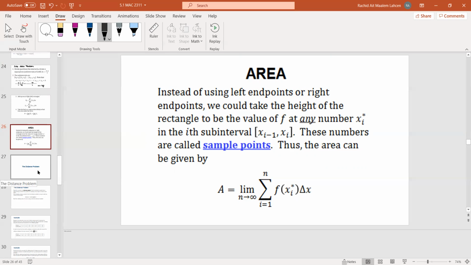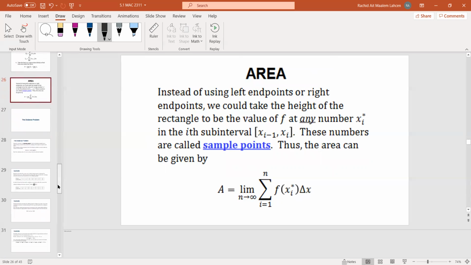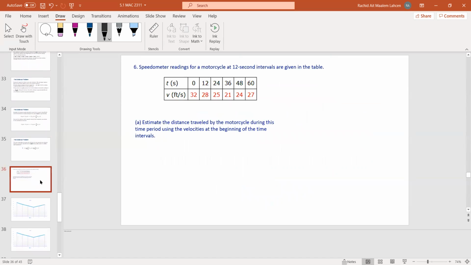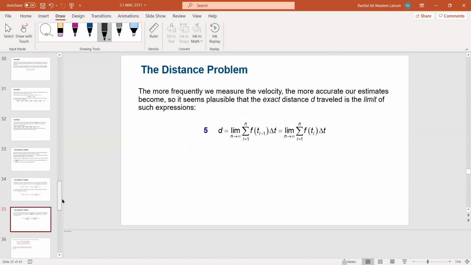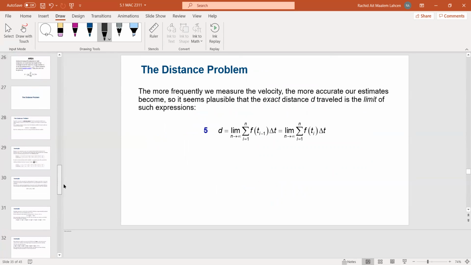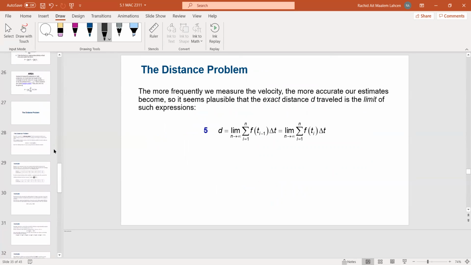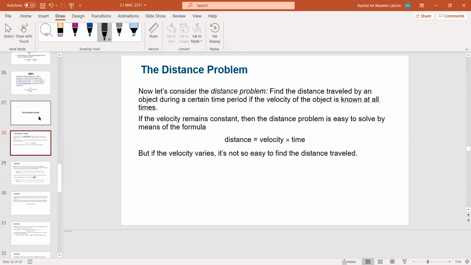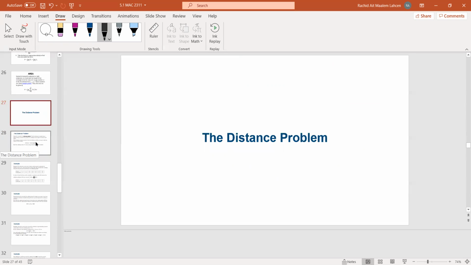So that's one thing we're going to be solving. But mostly we're going to focus on the distance problem, and we're going to use that idea here. So let's look at the distance problem.